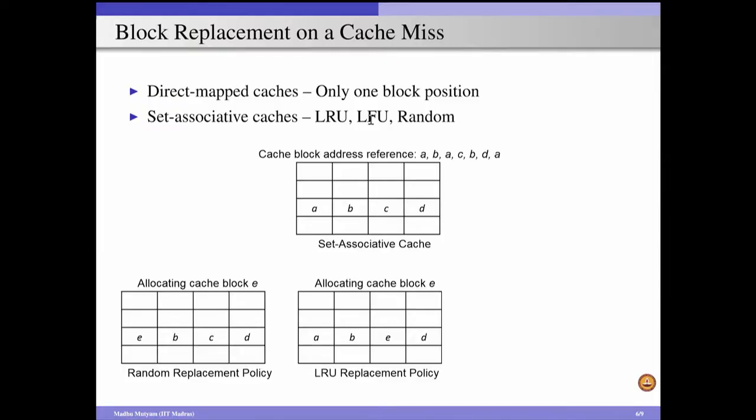If I consider the least recently used policy, I always select a cache block which is least recently used in the past. So among all these blocks, the block containing the address C is least recently used and we evict that block and keep the block containing the address E in its place.